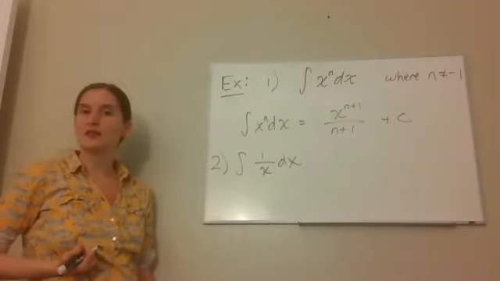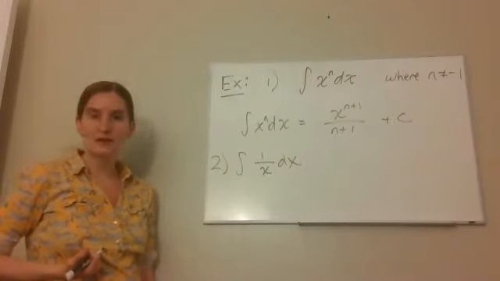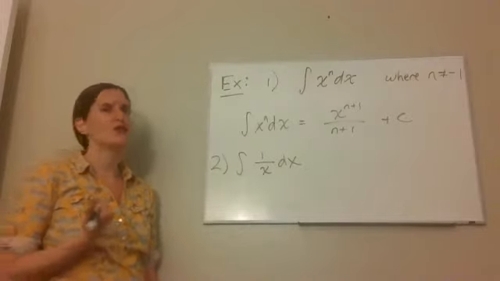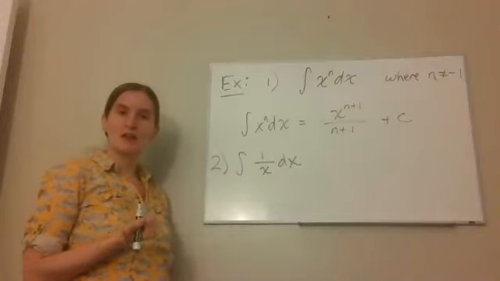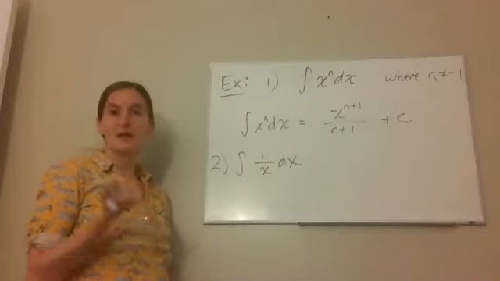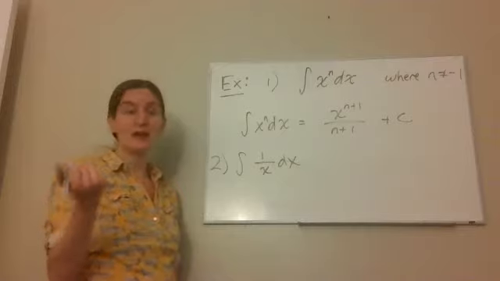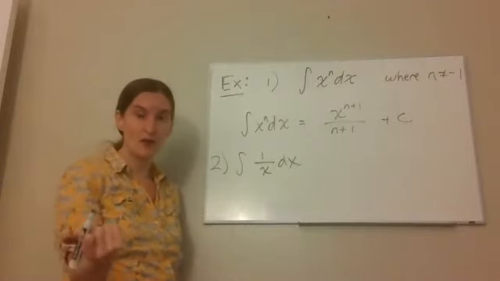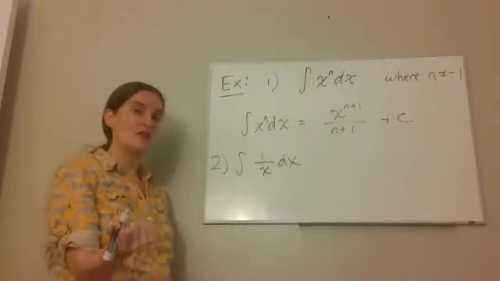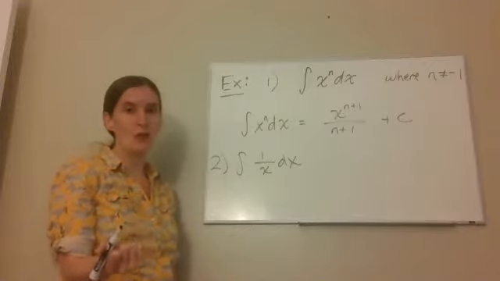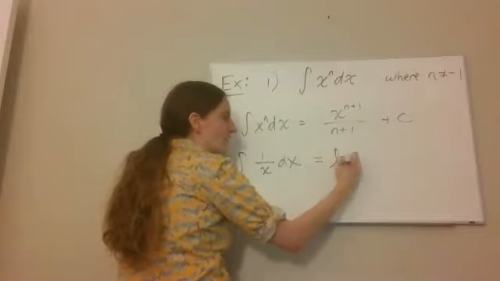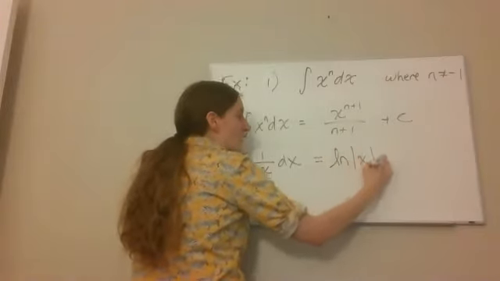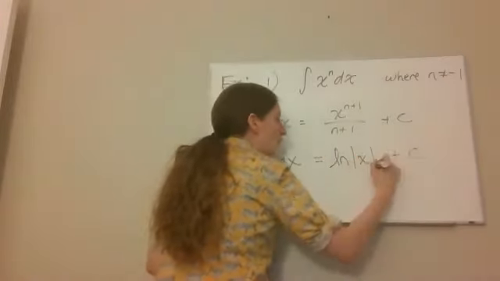The antiderivative of 1 over x. Any ideas? Try to think of a function that when you take the derivative of it, you get 1 over x. And I can't hear you at home right now, but I hope you're yelling out natural logarithms, because the derivative of natural log gives us that 1 over x. So we do get for our antiderivative the natural log, and it's of the absolute value of x plus c.